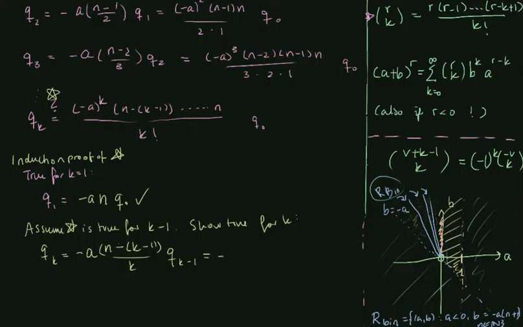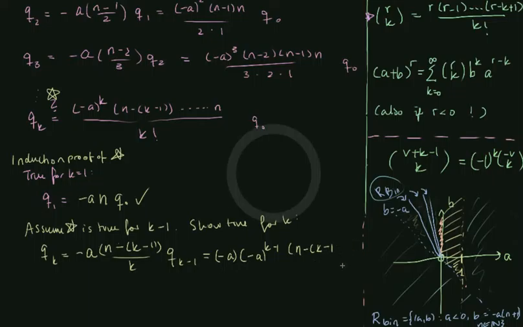So it is minus a multiplied by minus a to the k minus 1 multiplied by n minus, so it is k minus 1 minus 1, so minus 2, all the way down to n.